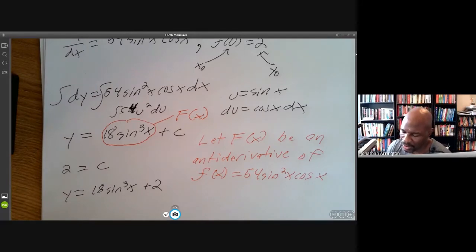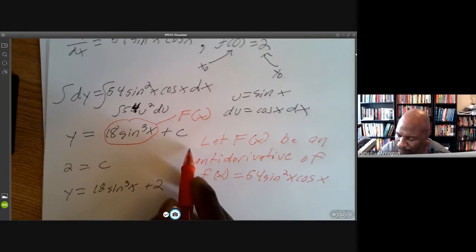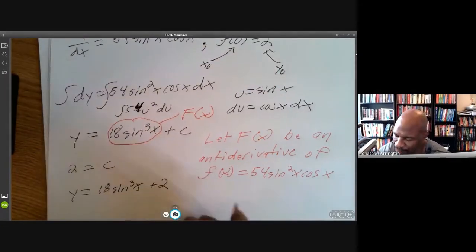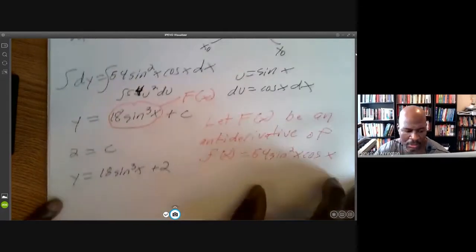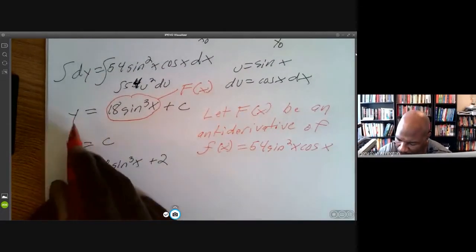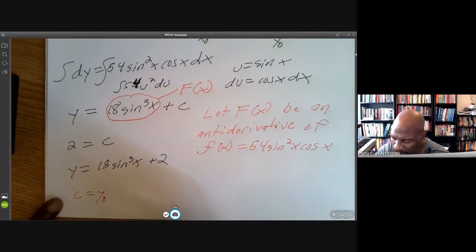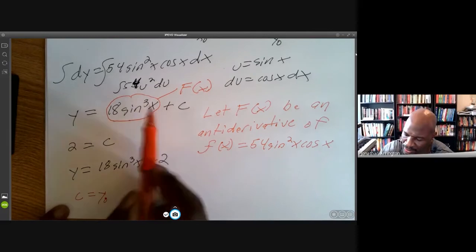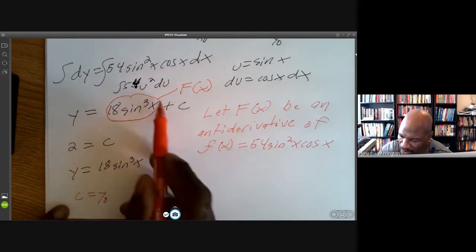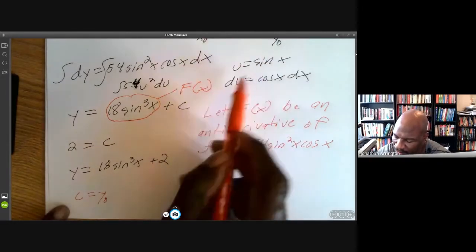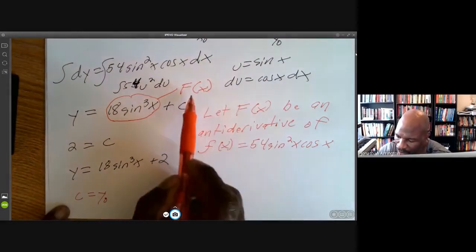Now let's look at what we did to find the value of C. What we did to find the value of C is we plugged in y naught for y. So C came from the value of y naught, and we evaluated big F at the value of x naught.